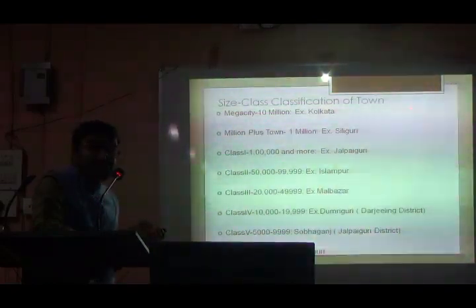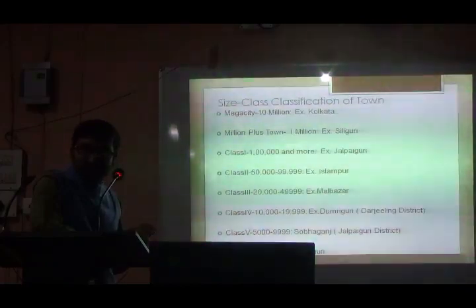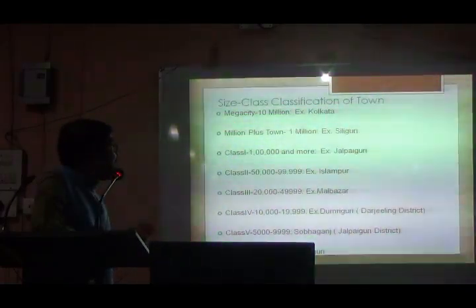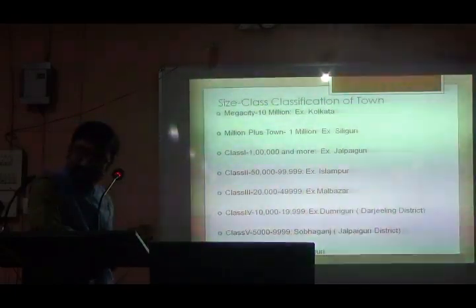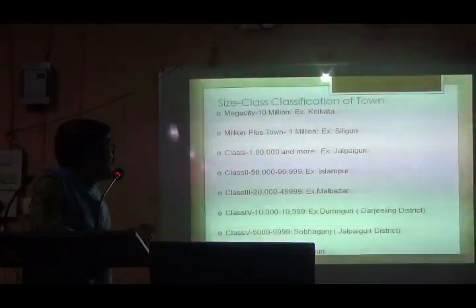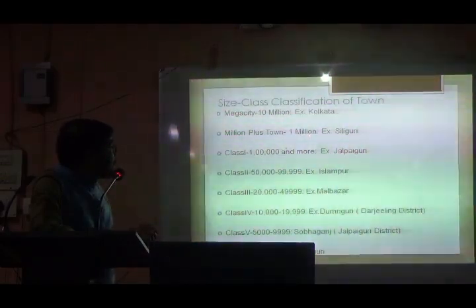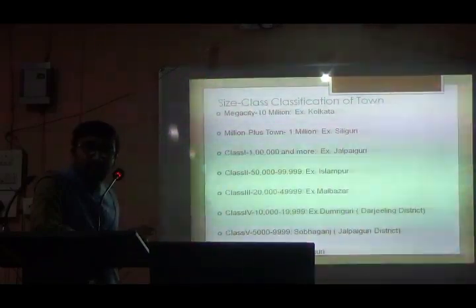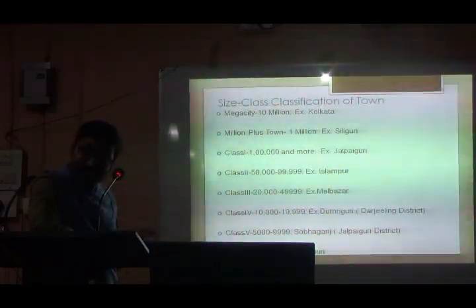The megacities are at the topmost level of the size class distribution, having a population of 10 million or more, whereas million plus cities have a population of 1 million or more, but less than 10 million.